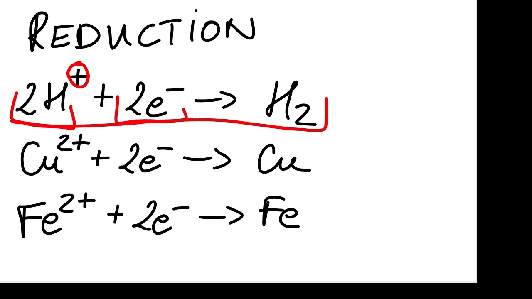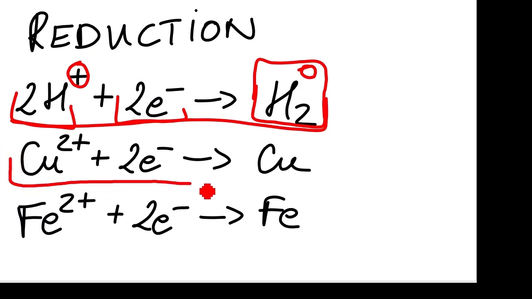So the oxidation state of every hydrogen cation is diminished to 0, because here we have a particle of hydrogen. In the particle of hydrogen, every single hydrogen atom oxidation state is equal to 0.